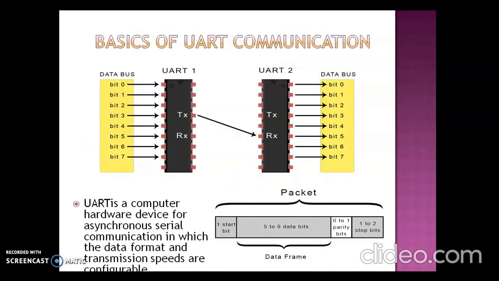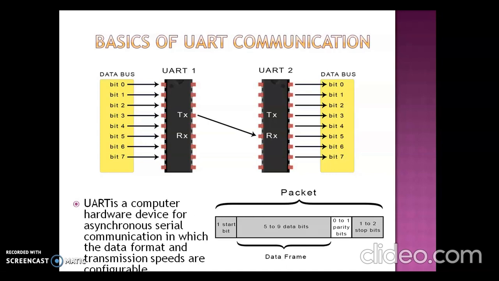Next, coming to the basics of what UART communication is. UART, as we all know, is Universal Asynchronous Receiver Transmitter, the simplest protocol for serial communication between two devices asynchronously, that is, it is not synchronized by any external clock device.